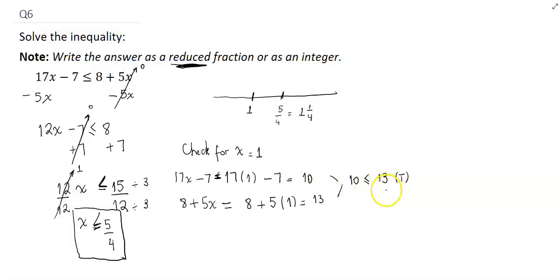Using x equal 1, I see that this is a true statement. So then I feel satisfied that my answer has a good chance to be correct. I'm not proving it, I'm just getting one example to show that the possibility is very close to being true.